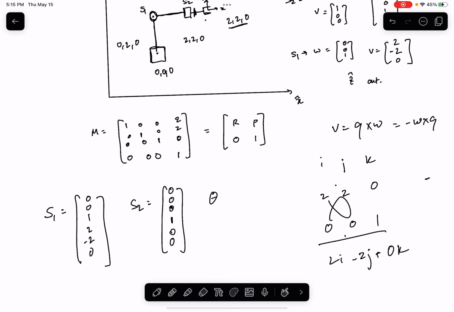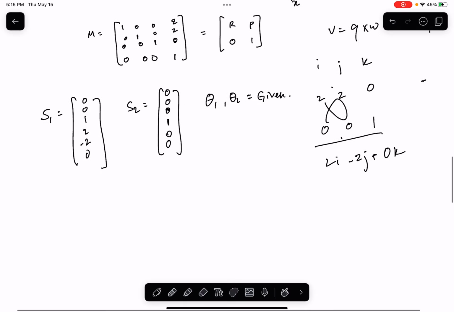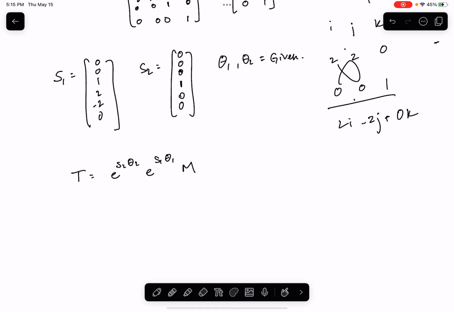And typically, theta 1 and theta 2 will be given to us. With this information, we will be able to solve for T, which should just be plugging in this formula. And we should have resources for this in the Modern Robotics library in Python.